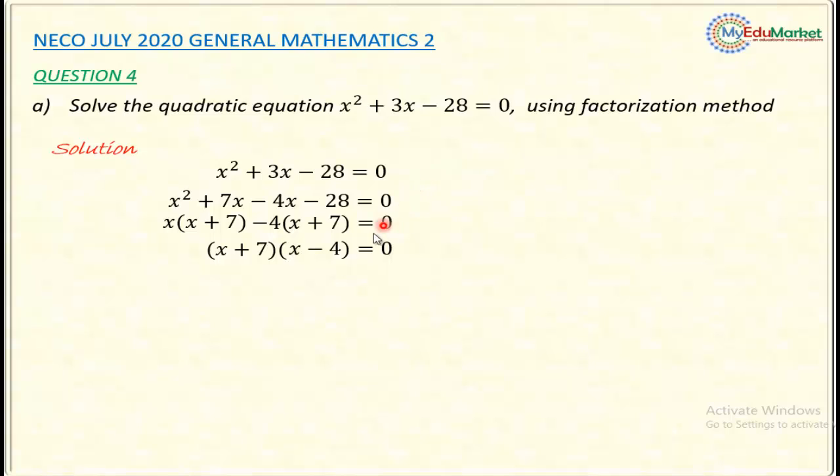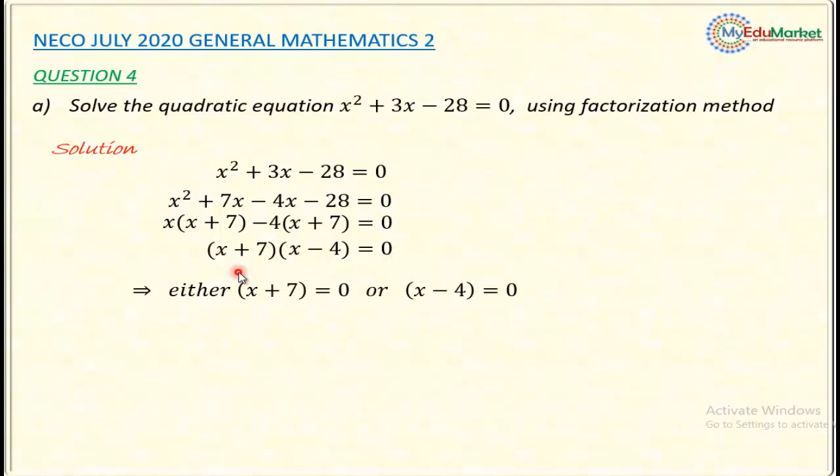I'll continue. I now have x plus 7 times x minus 4 equals 0. The only way of getting 0 after multiplying 2 values is when both values are 0 or one of them is 0.